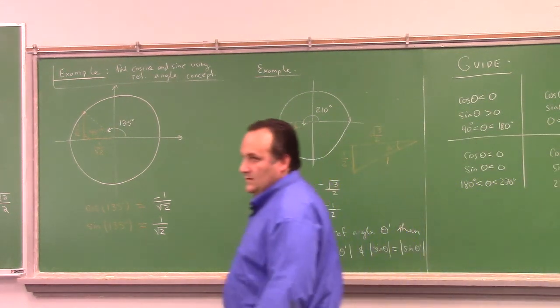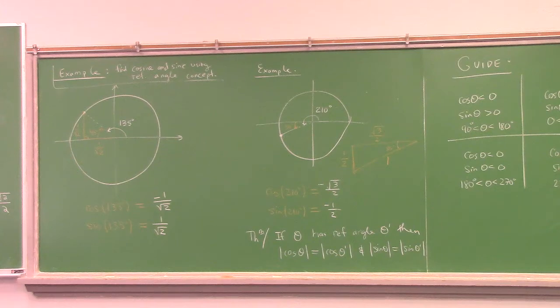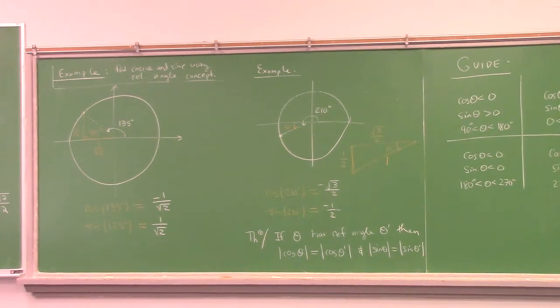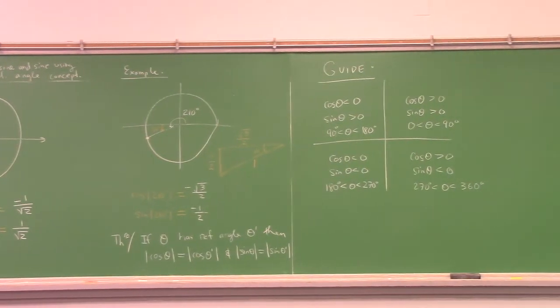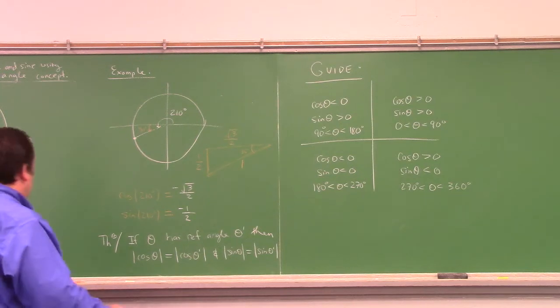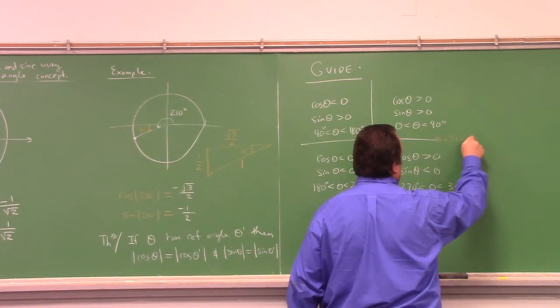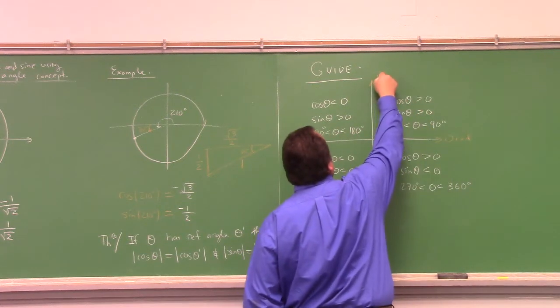Now, we should also be thinking in radians, right? I haven't done much in radians yet today, but for this guide I just wrote, what are the guideposts, so to speak? This is 0 radians. Up here is pi over 2 radians.